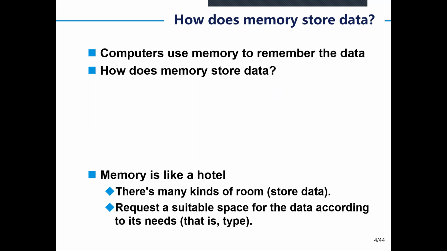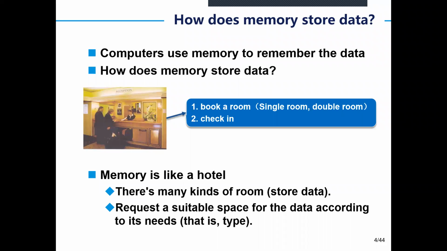Let's see an example. The memory is like a hotel. We know that there are many kinds of rooms. If we want to book a room, we can request a suitable space for data according to its needs.